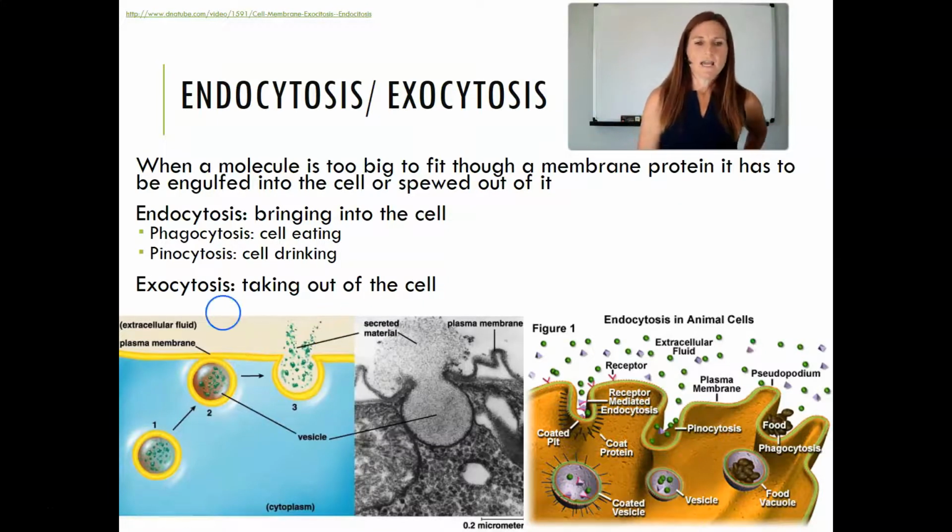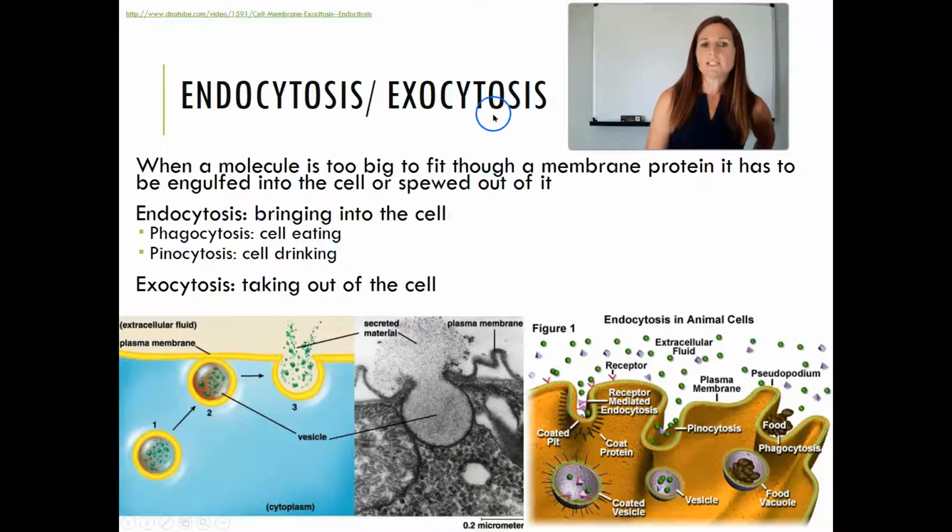And so this vesicle comes up to the surface of the cell and touches, and then it all becomes the same material. It opens up and allows the secretion to get removed. So that is exocytosis. Cyto means cell, so it's exiting the cell, exocytosis.